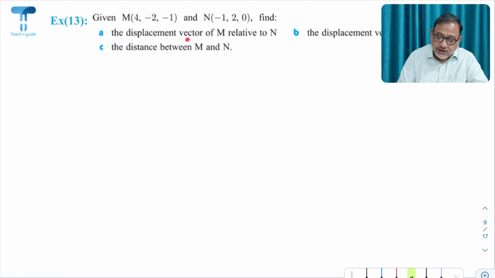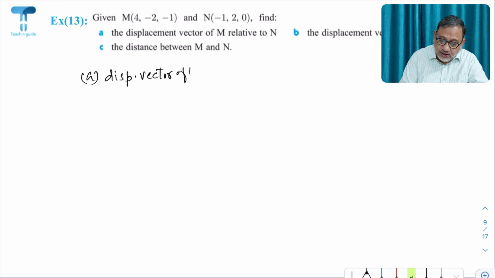Find the displacement vector of M relative to N. So first one, A: displacement vector of M relative to N is vector NM.